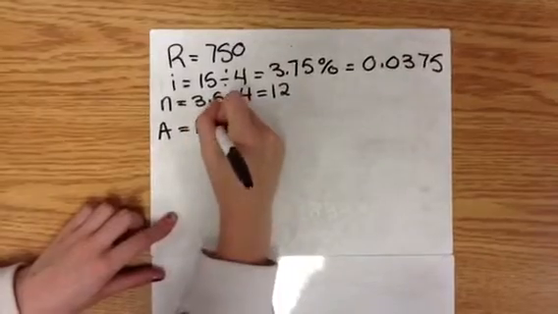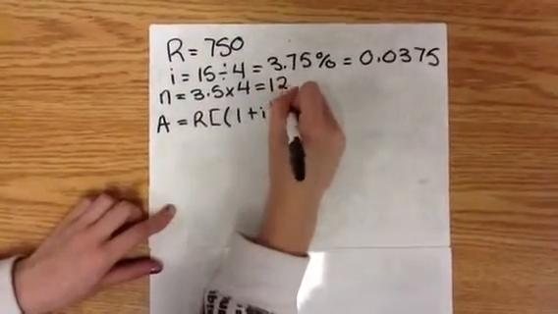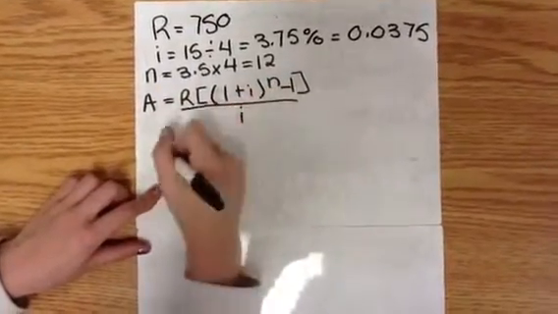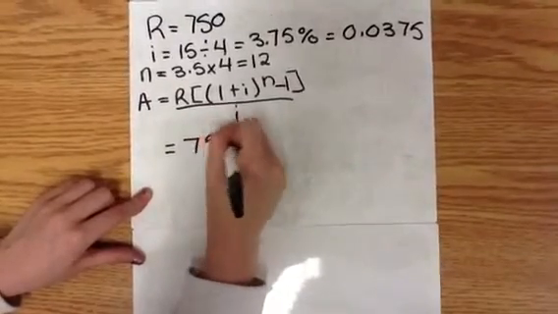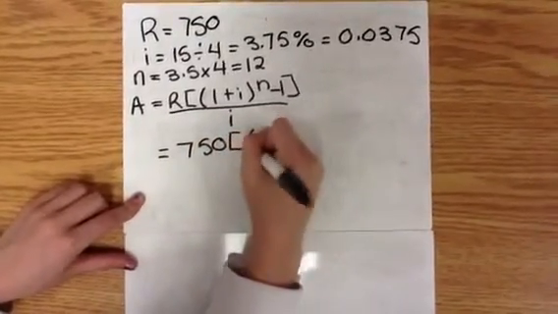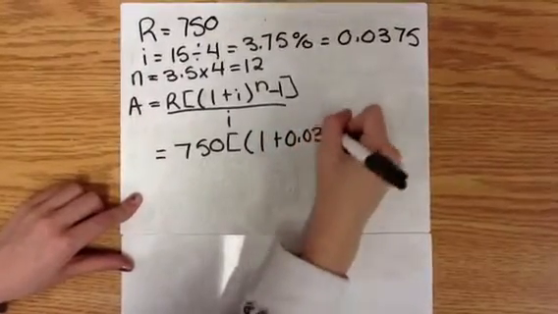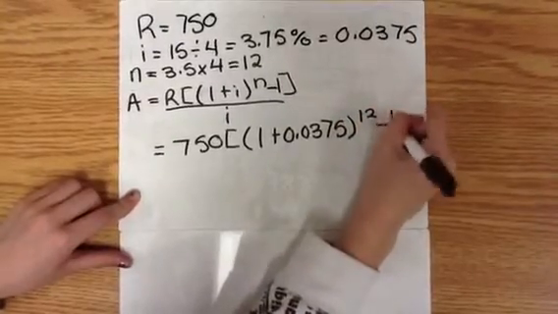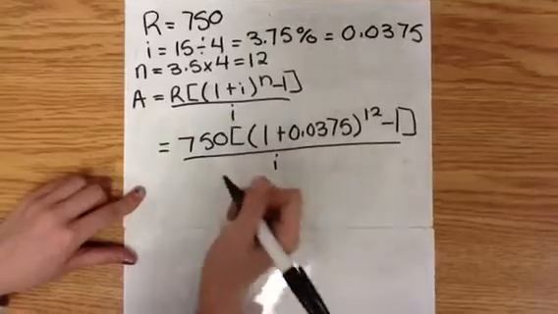We have to use the formula, which is A equals R bracket 1 plus I bracket to the power of n take away 1 bracket all divided by I, which is 750 bracket 1 plus 0.0375 bracket to the exponent of 12 minus 1 bracket divided by 0.0375.